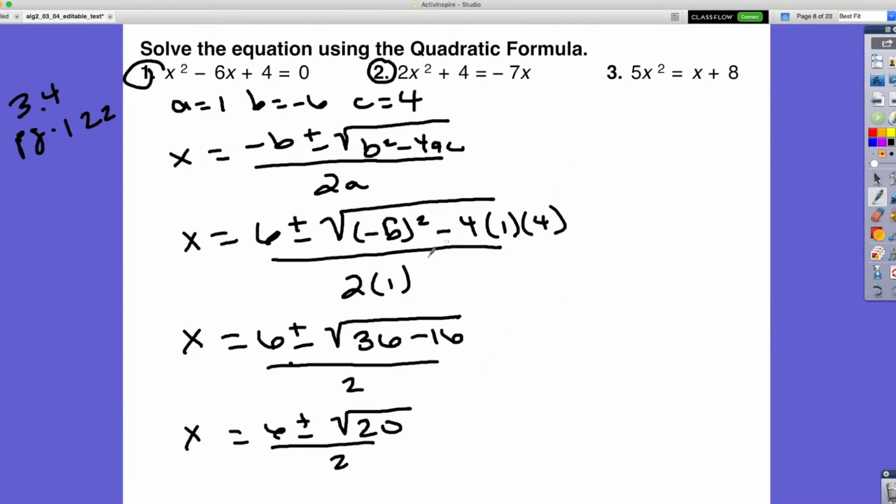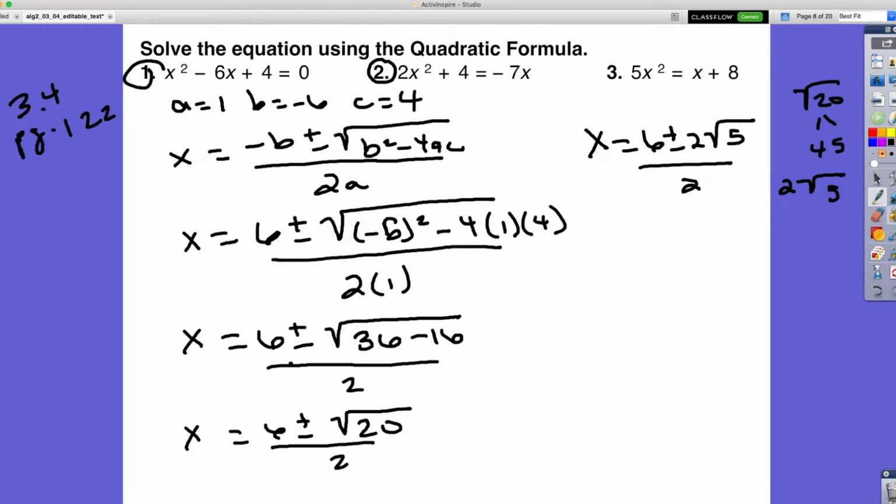Moving over here, square root of 20, I'll simplify it here so you can see, is 4 and 5. Bring out the 4, which becomes a 2, rad 5. So now x equals 6 plus or minus 2 rad 5, all over 2.